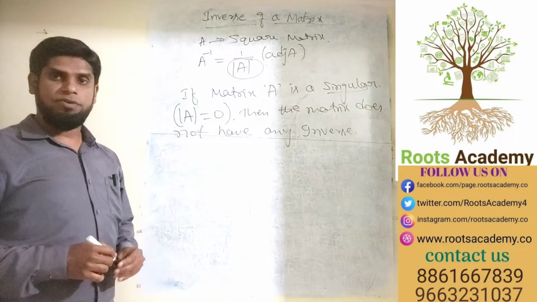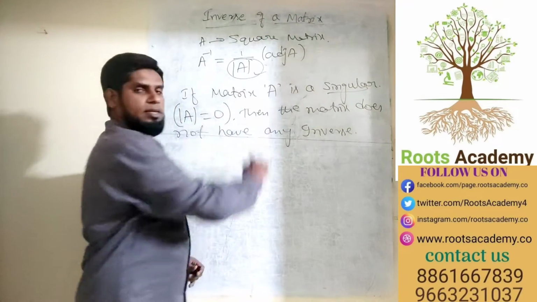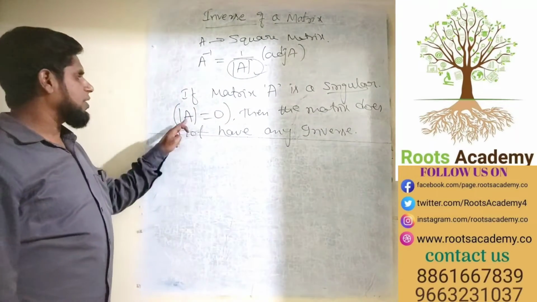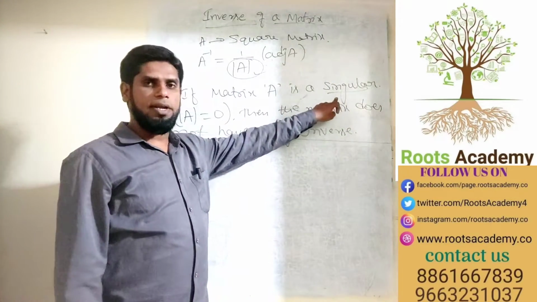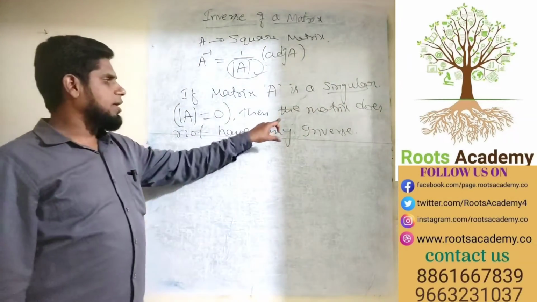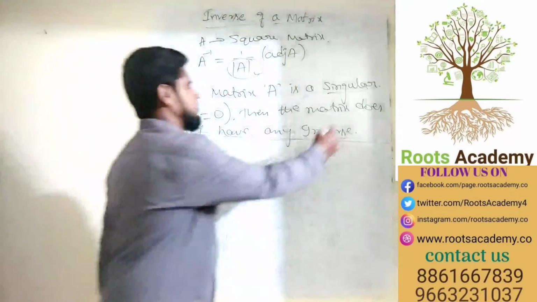So it means, to declare an inverse of a matrix, the very important thing is determinant A. If determinant A is equal to 0 or the matrix is a singular matrix, then that particular matrix does not have any inverse.